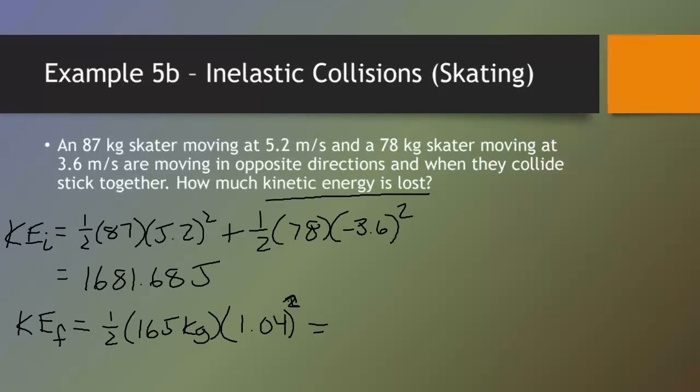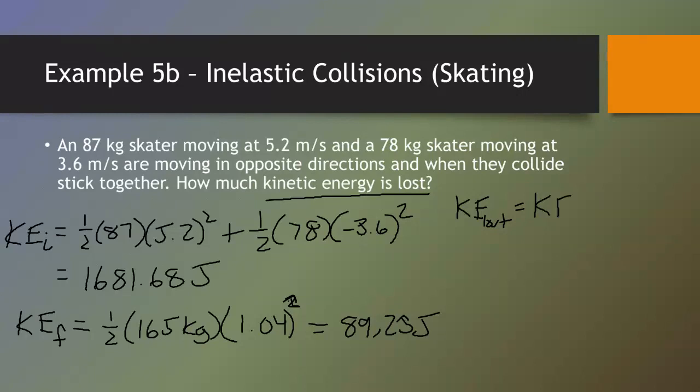And so if we multiply this and find the final kinetic energy to be 89.232 joules, you've lost almost 1,600 joules of kinetic energy in the collision. We can actually figure out how much is lost by just subtracting.